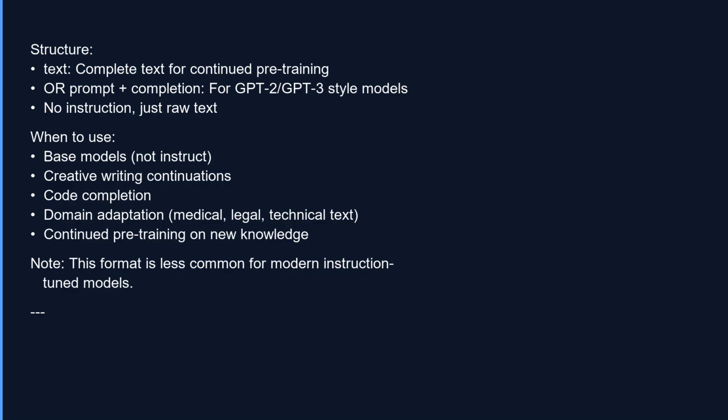For GPT-2, GPT-3 style models. No instruction, just raw text. When to use: base models, not instruct. Creative writing continuations, code completion, domain adaptation, medical, legal, technical text, continued pre-training on new knowledge. Note, this format is less common for modern instruction-tuned models.